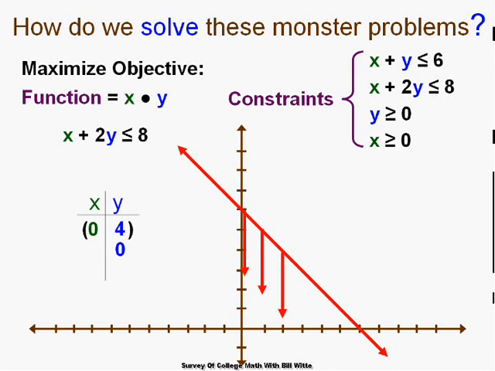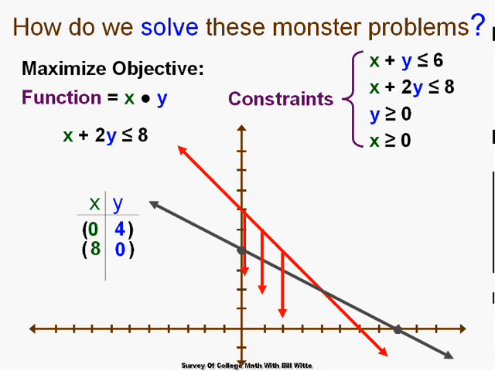If I put a 0 in for x, y is going to have to be 4, since 2 times 4 is 8. And I'll graph that point. If I put a 0 in for y, x is going to have to be 8. And there it is. Let's graph that point, 8, 0.